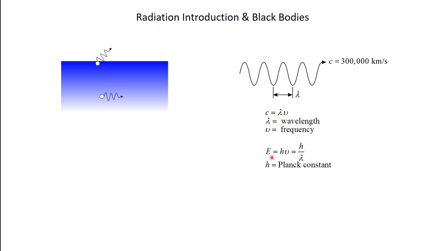And if you remember this equation from physics, it basically says that the high frequency stuff is the high energy stuff, right? The energy is related to the frequency directly. So as I go from very low wavelength stuff, that's very high frequency stuff, that's going to be high energy wavelength. And if I move up the electromagnetic spectrum to higher and higher wavelengths, I'm going to lower and lower frequencies, that's getting to lower and lower energy waves, right?